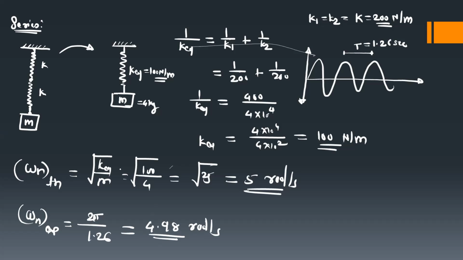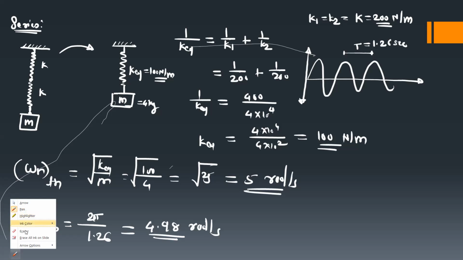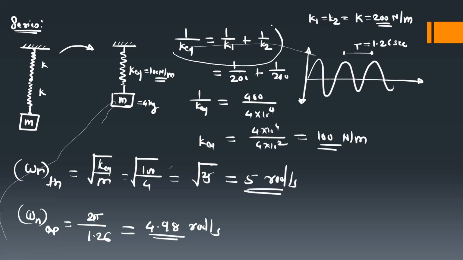So in this way, you can verify the theoretical formula by experimental procedure. Also, you can verify this formula that we are using to calculate the equivalent stiffness. So as each spring is having the constant 200 Newton per meter, okay, and by this formula we find out the equivalent value, which is 100 Newton per meter.